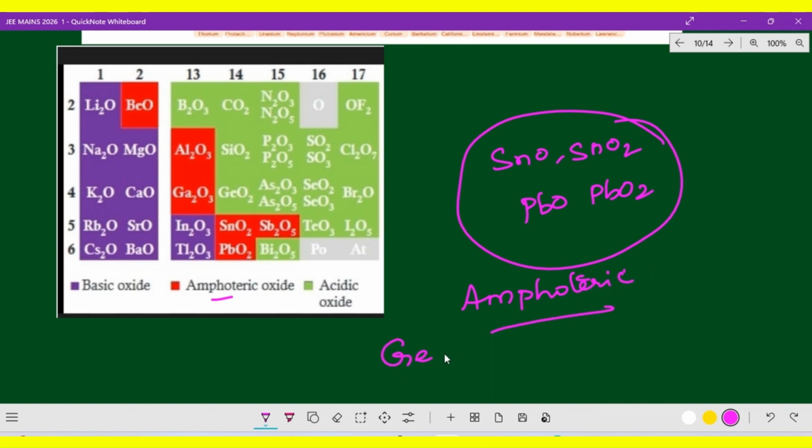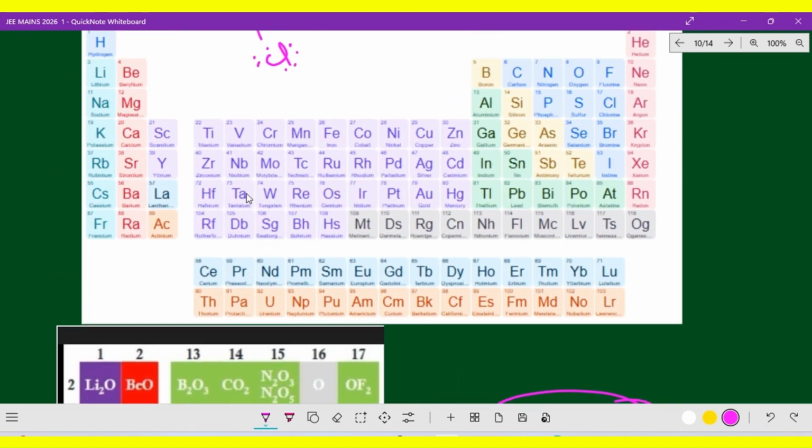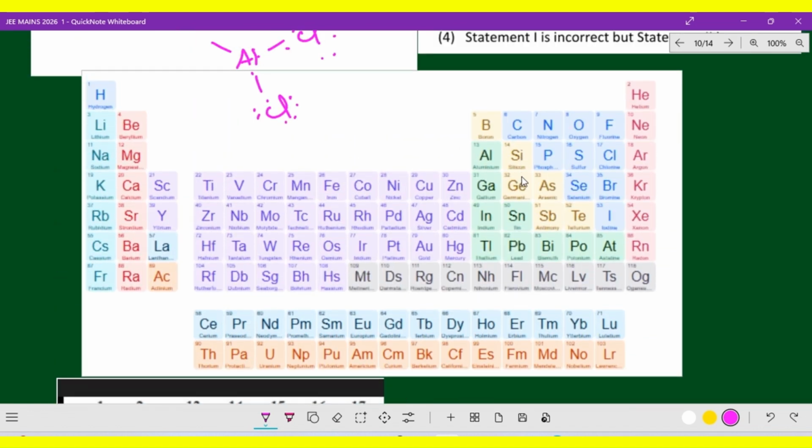Whereas GeO and GeO2, this is actually acidic. This is completely acidic. Sometimes it will be answerable for basic also. Why? Because it is a metalloid, no, so it has basic character as well as acidic in nature. So germanium, it is actually a metalloid. This part, it is completely metalloid, no, so in that way it is completely amphoteric in nature. So distinctly it is actually acidic in nature also, right?